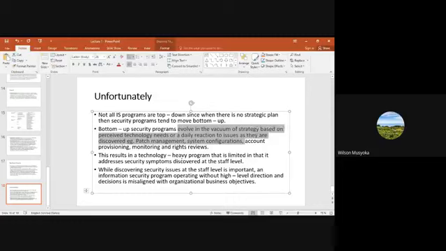The result is that you have a technology-heavy program that is limited in that it addresses security symptoms discovered at the staff level. That is always the problem. You see, you are always reacting to security issues, but you are not proactive. And that becomes a challenge. And that is why we are studying this unit, because when you are reacting to security challenges, it becomes very difficult. You will always be managing attacks.